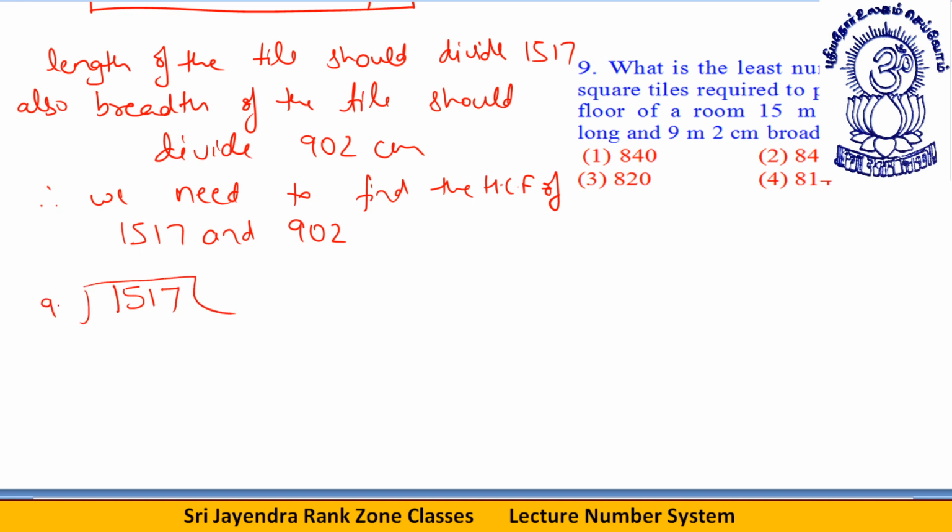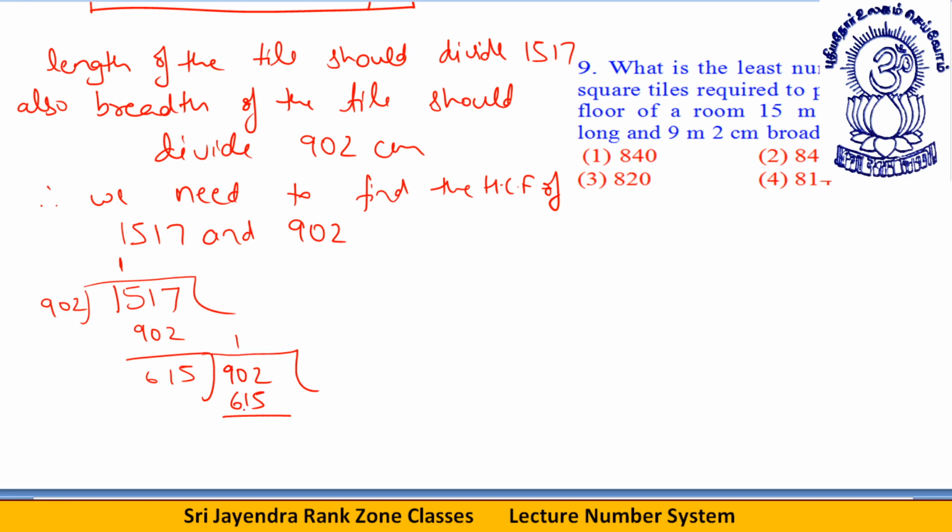Start dividing by 902. 1 is the quotient, so you get 902. What is the remainder this time? The remainder is 615. Now what you will do? You will divide 902 by 615. Again 1, remainder 287. Keep on dividing this way until you get zero remainder; that will be your answer.